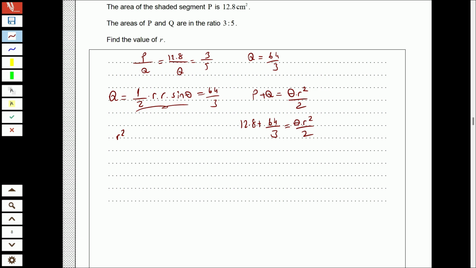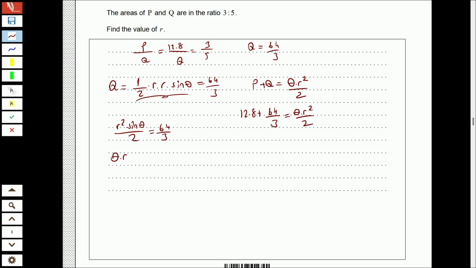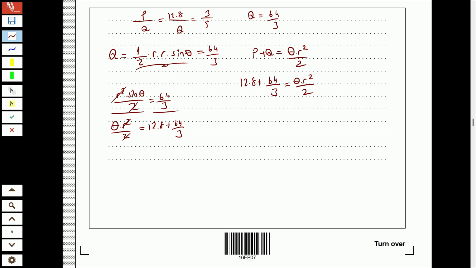For example, r squared times sine theta over 2 equals 64 over 3. And on the other side, theta times r squared over 2 equals this number, right? I still didn't calculate. If we divide one by the other, r squared over 2 will cancel, and I can write sine theta over theta, right?